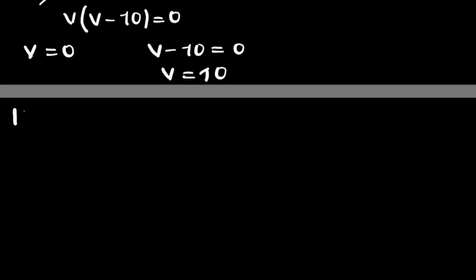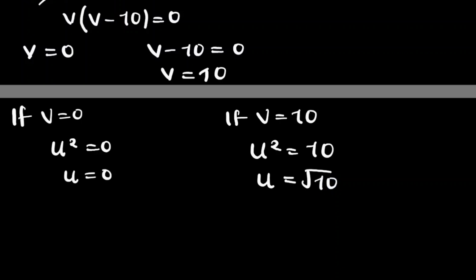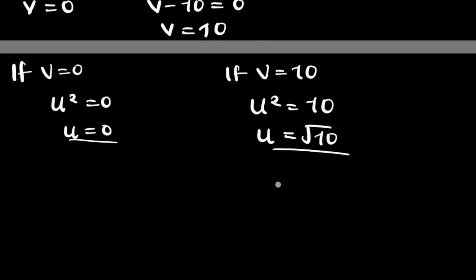When v is equal to 0, we have u squared equal to 0, so u is 0. That's our first value of u. And if v is equal to 10, we have u squared equal to 10, which is u equal to the square root of 10. So we have two values of u now.